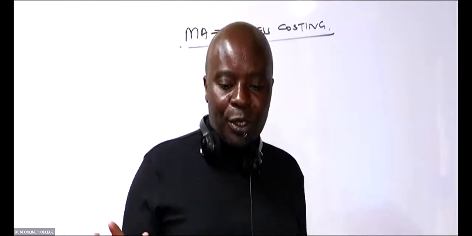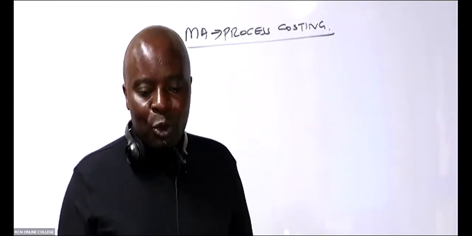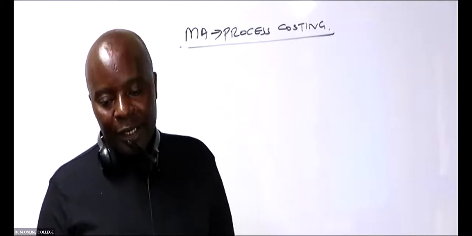And then the last lesson, which will be next week on Thursday evening, I'll be able to do what we call work in progress, both closing work in progress and opening work in progress. Those are the only areas which are left. So let's see how far we can push this particular area in an hour.